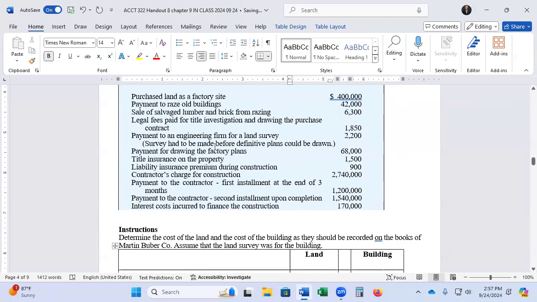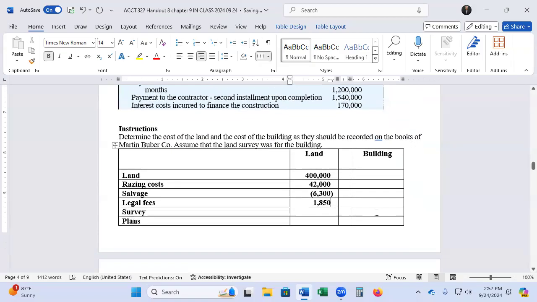Here, they're saying we're doing definitive plans for something else, and so they want you to allocate this survey to the building.